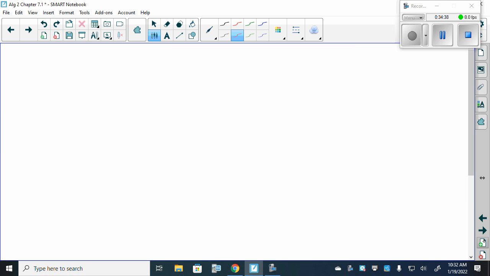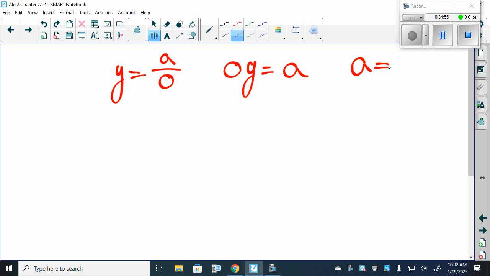I just want to point out, if we put 0 in for x in y equals a over x, we can't do this. Also because the other form would be saying 0 times y is equal to a, and a cannot be 0. This is also why division by 0 doesn't work, because anything times 0 has to be 0. It can't be anything else.